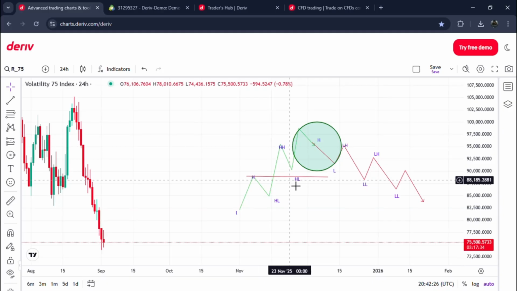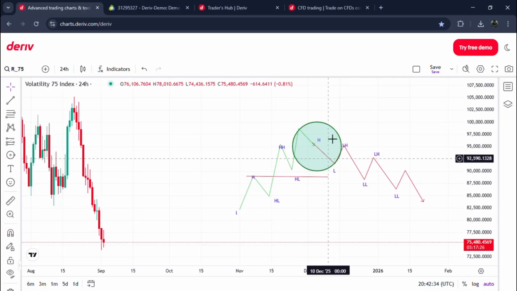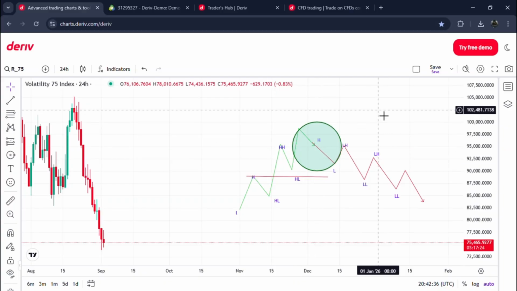So you need to understand the difference between break of structure and change of character. Once you understand the two, it will help you to understand when the market is changing from an uptrend to a downtrend.